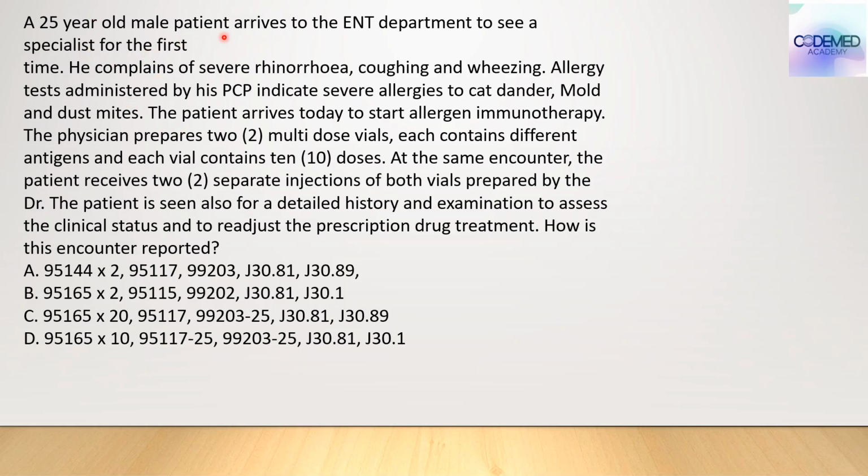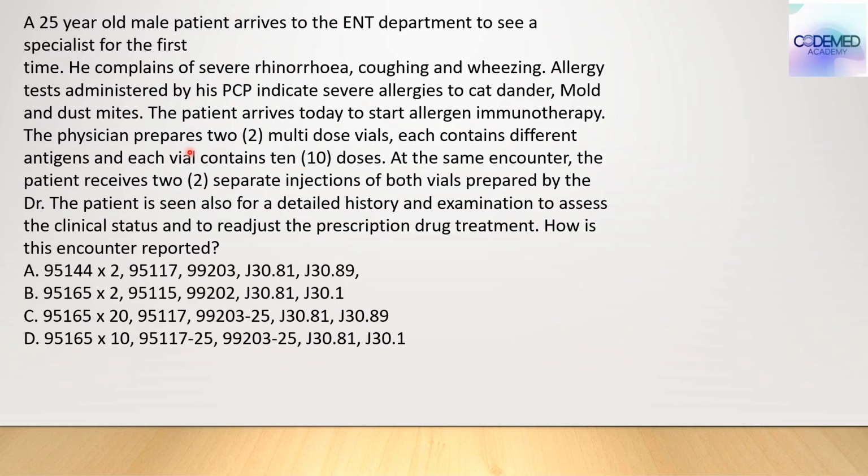A 25-year-old male patient arrives to the ENT department to see the specialist for the first time. He complains of severe rhinorrhea, coughing, and wheezing. Allergy tests administered by the PCP indicate severe allergies to cat dander, mold, and dust mites. The patient arrives today to start allergen immunotherapy.